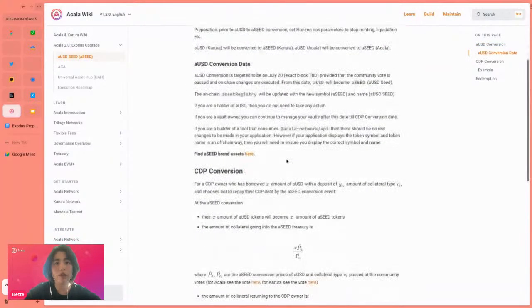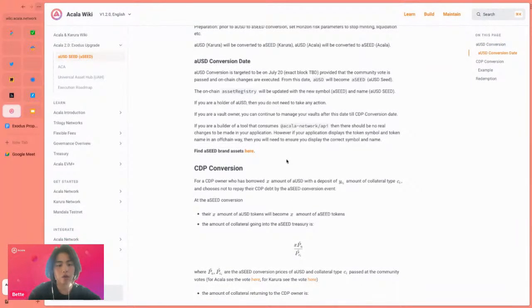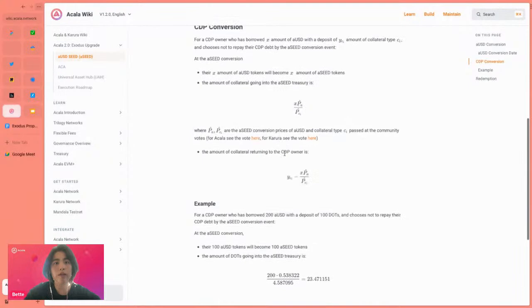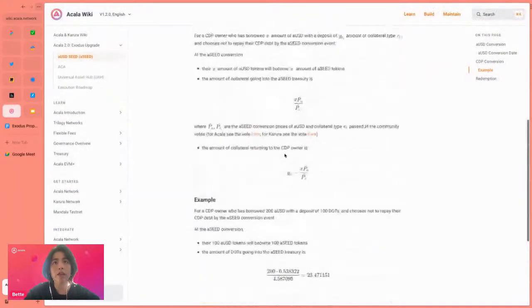You can read through some of the material on AC conversion, and there's also something regarding the CDP conversion, how that's been done, what the calculation is, and the actual numbers that we'll be using for the collaterals as well as for the AUSD price.